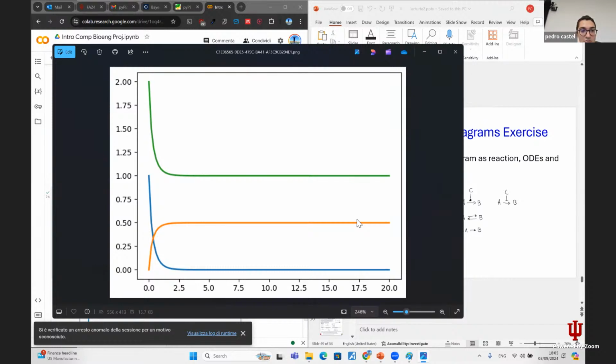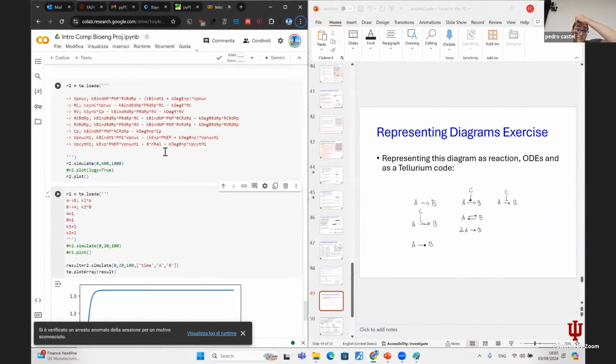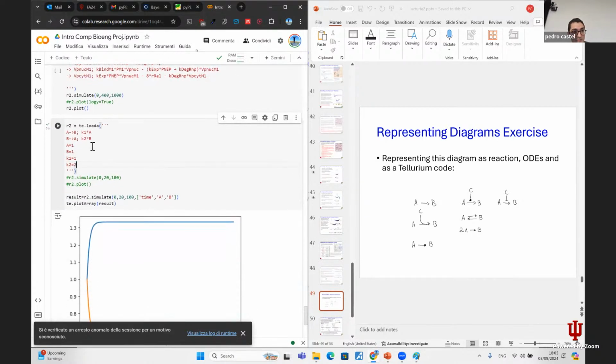Why is C going to 0.5 when one of your reactants started at 1? Let me try that. Because I think it should go to 1.